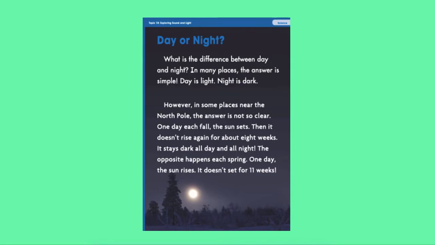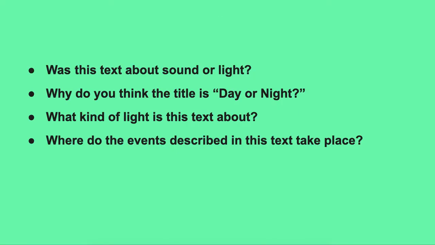I think the title is Day or Night with a question mark because, again, in the North Pole, sometimes the day seems to not end, and at night sometimes it seems like the night does not end. That's why it has that question mark on the title.